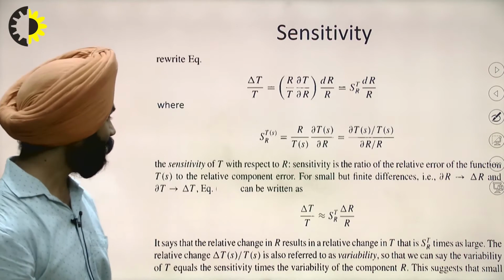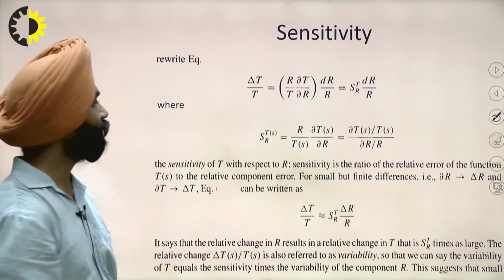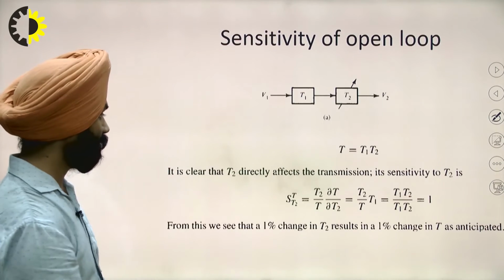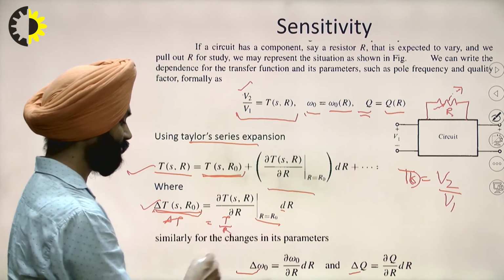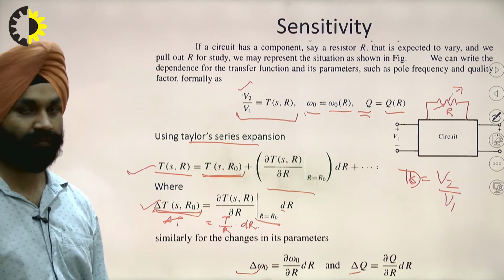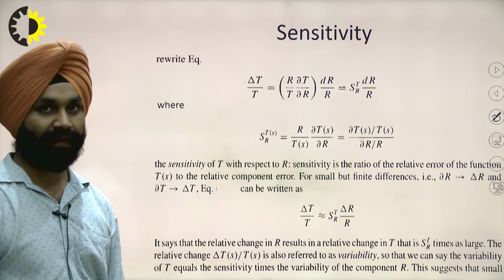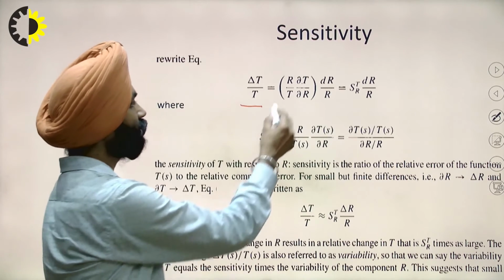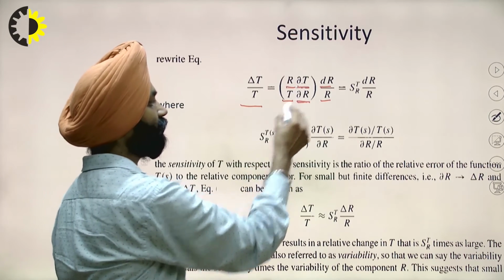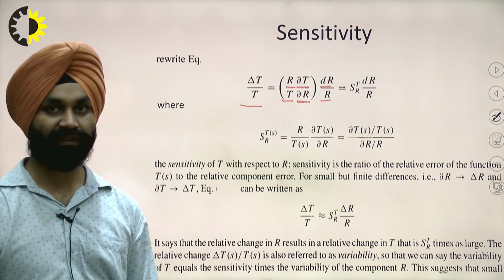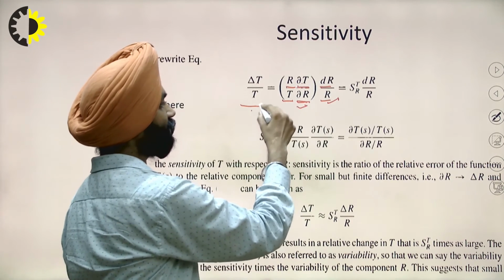So we can rewrite this equation as del T by T equals R by T into del T by del R into dR by R. If we consider this equation, let's suppose this is del T, this is equal to del T by del R into dR. So I can write it as del T by T into R by del R, times dR by R. So if we see here, this is the change in the resistance with respect to the value of the resistance, and these are the small changes in the resistance.